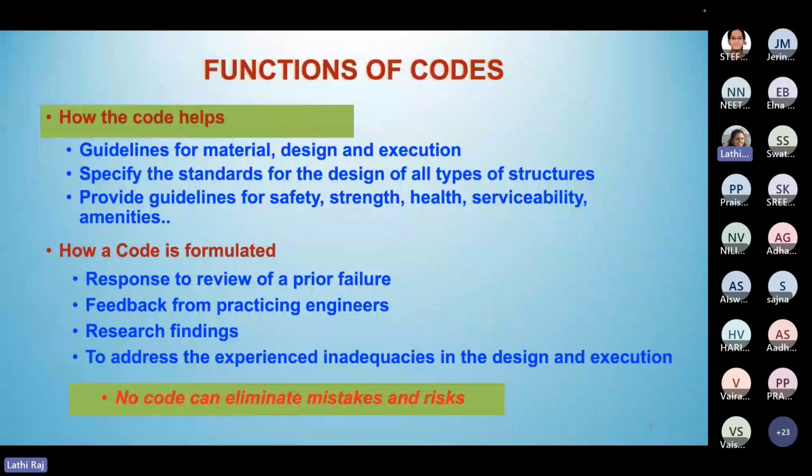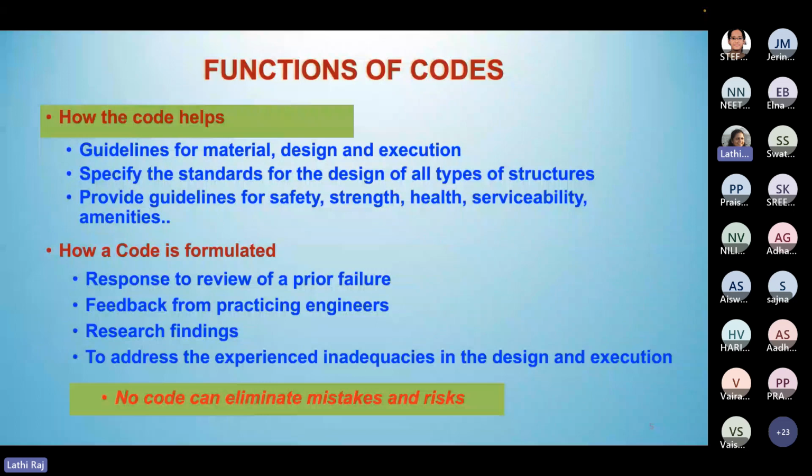It is very important, and people can make mistakes. To err is human, as we say. We cannot avoid that, but we can definitely avoid blunders. That is for sure. And risks are there. You have to take some risks, but you can reduce the risk while referring to the codes.